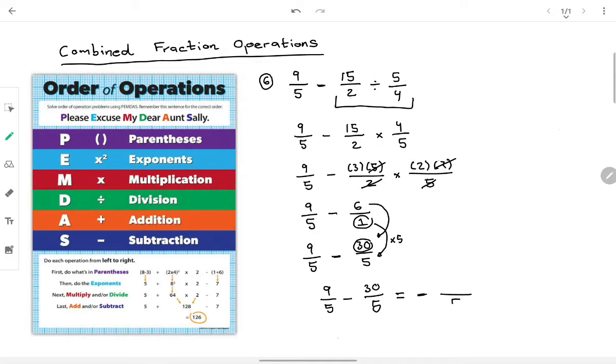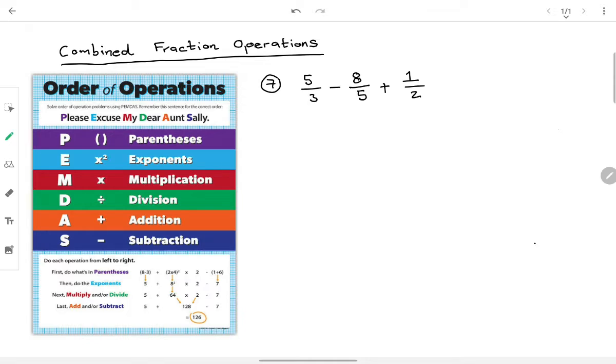It will be fifths, because we remember in addition and subtraction we do not change denominators, so we will get minus 21/5. This is not simplifiable because 21 is 7 times 3. 5 is a prime number, so this will be our final answer, minus 21/5. Let's see some other example.